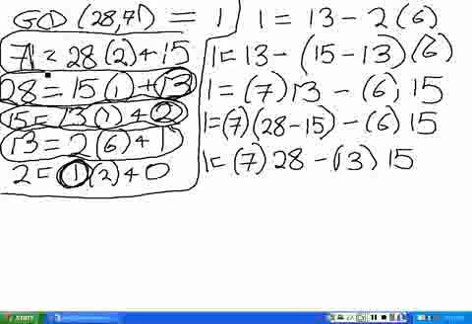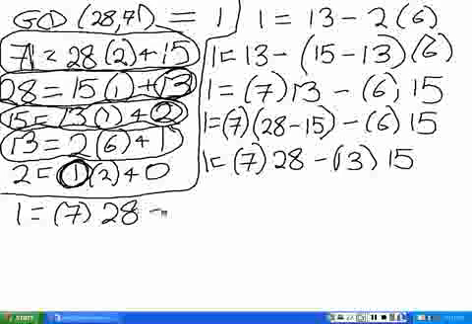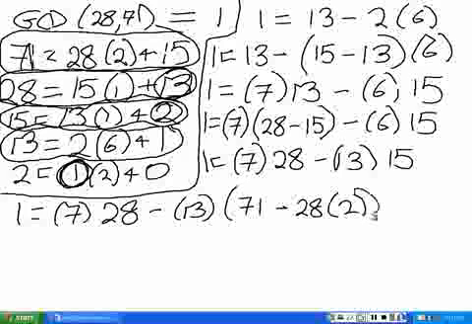I said this was going to be more of an annoying problem. We've got a lot of steps before we can get all the way back. So I can now plug in that 15. 1 is equal to 7 times 28, and then this is minus 13, and then I get 71 minus 28 times 2.